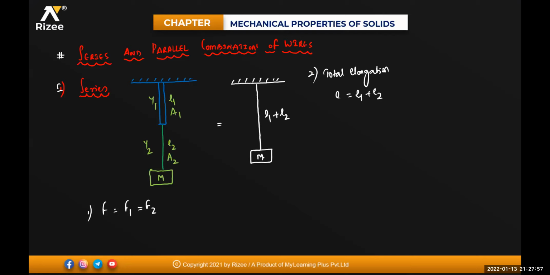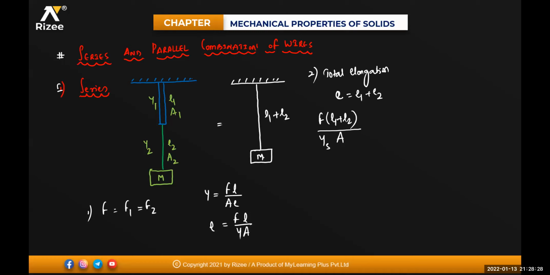We know Y is equal to F into L divided by A into E. So E is equal to F into L divided by Y into A. This is the elongation formula. So it is F into the length L1 plus L2 divided by Young's modulus Y in series into the effective area A. Clear?